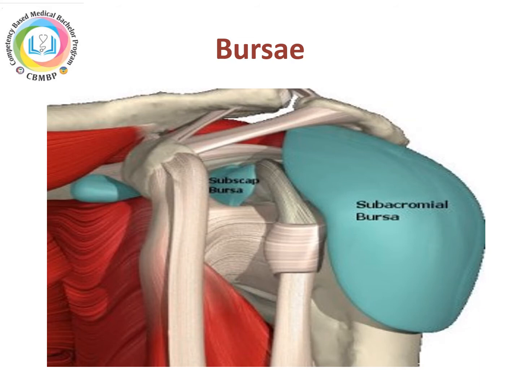The subacromial bursa prevents the supraspinatus tendon from friction with the acromion. This is a very important bursa and is more liable to be inflamed.